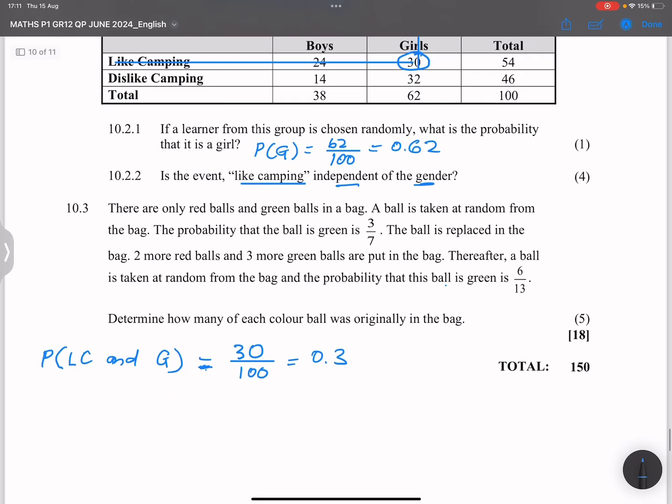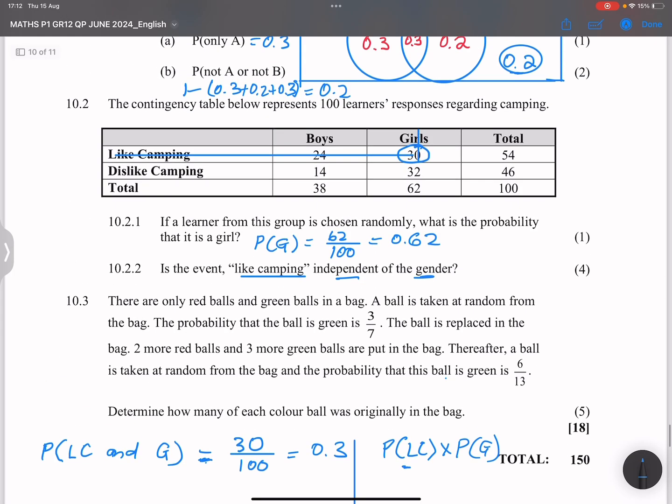But now let's see. The probability that we like camping multiplied by the probability of being a girl. So how many learners like camping?